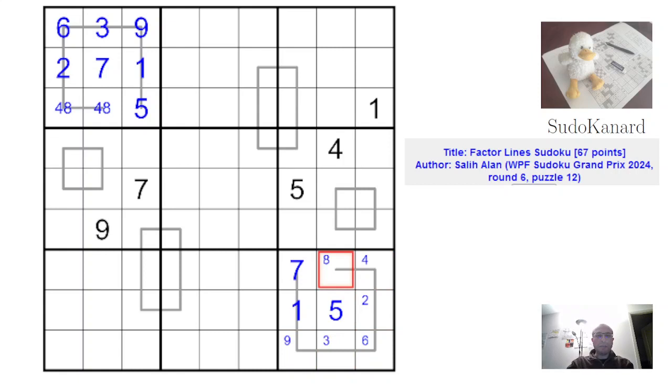This is definitely an option. 4 and 8 would be disambiguated in this scenario, or 9 could be on the other end with 3 here, and then it would have to be 6 and 2, and then necessarily 8 and 4 in this order. So that's an option, and the other option was a 9 here, 3, 6, 2, and 4 and 8. So those are the two options for this region.